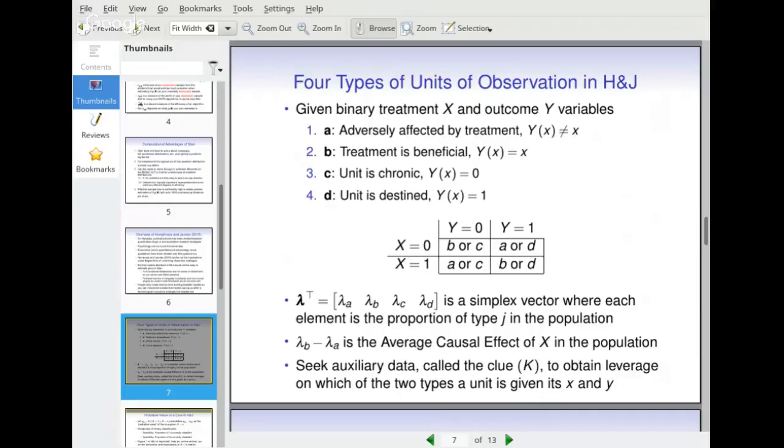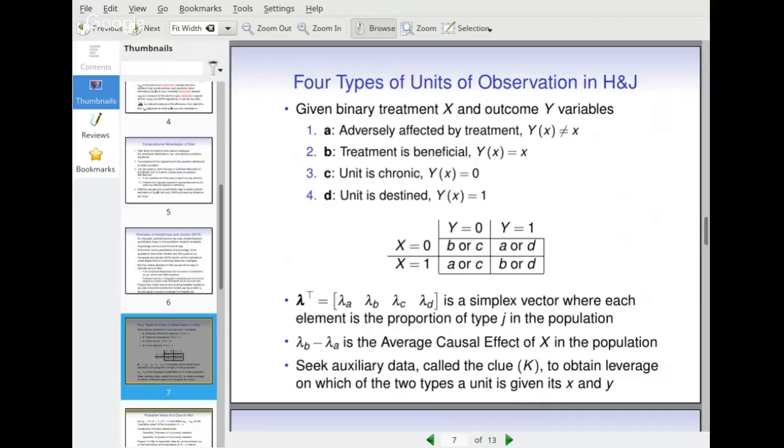So lambda A is the proportion of countries that are type A. We can't observe what that is directly, but it's just some unknown quantity that we want to estimate. Lambda B is the proportion of countries that are type B. You've got type C, type D, etc. These are non-negative, and they add up to 1 because our 4 types are mutually exclusive and exhaustive. So it's the proportion of each type in the population.